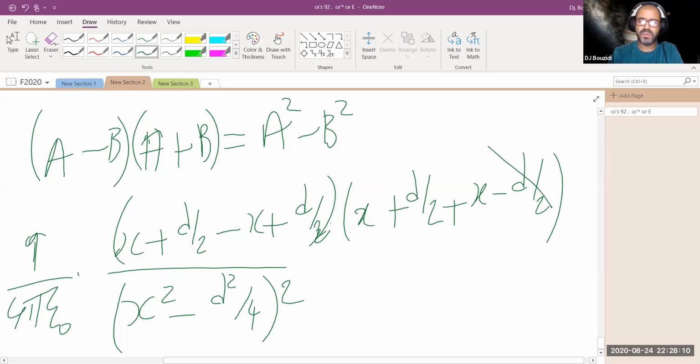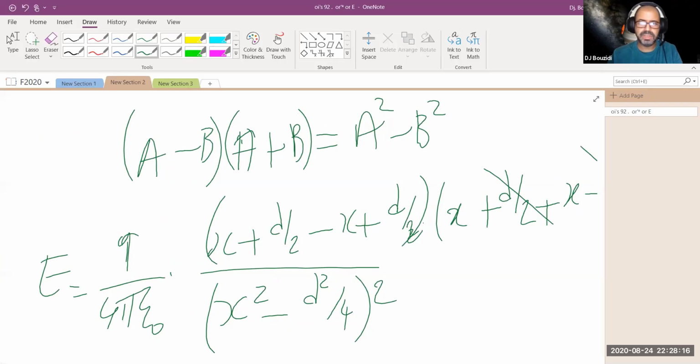Of course, this d over 2 and this d over 2 cancel, and I have 2x in the numerator. And in this expression, the x and the x cancel, and I have a d over 2 and a d over 2, which is d.